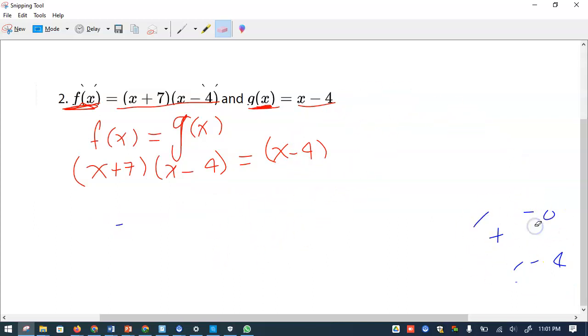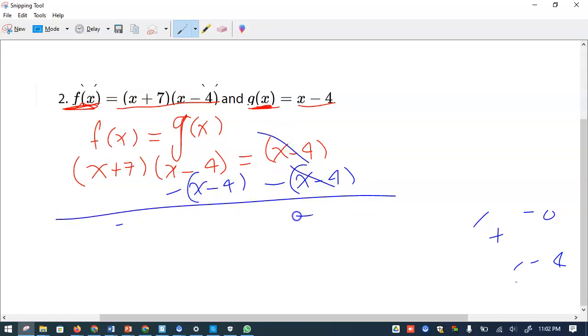One way is you can subtract. Watch this. You subtract x minus 4 from both sides. When you do this, the right side will become 0, and the left side is x plus 7 times x minus 4, and then minus x minus 4.